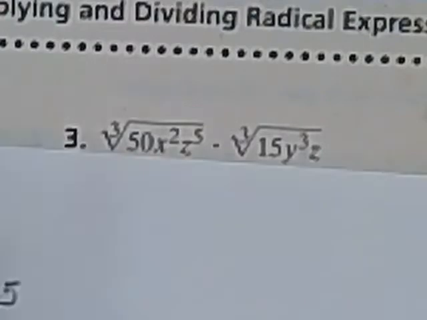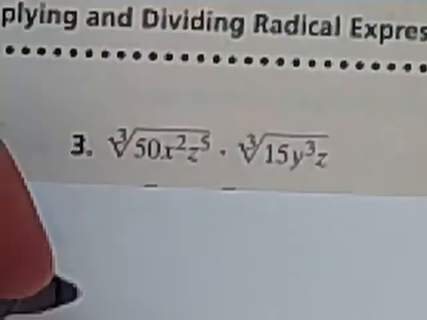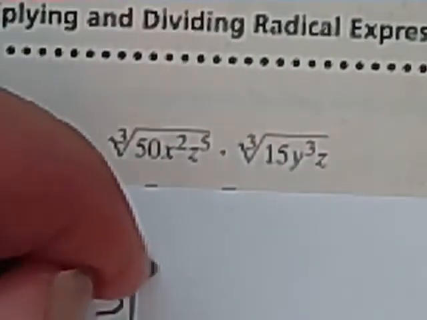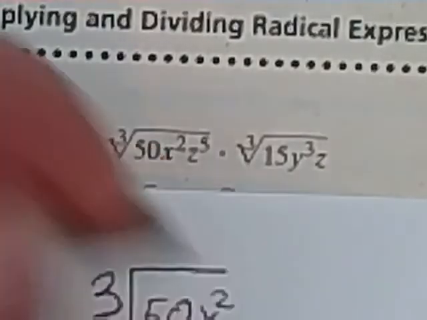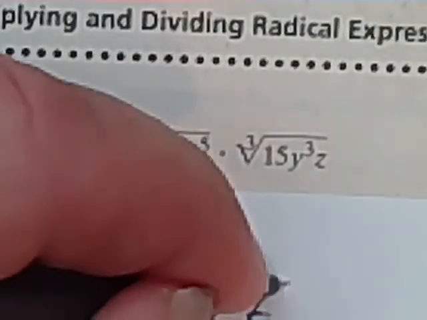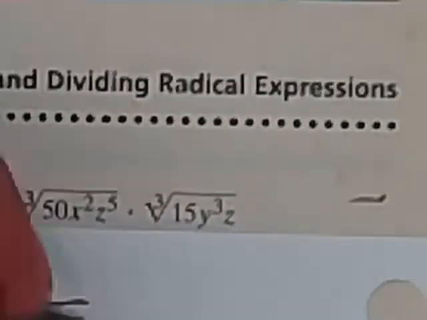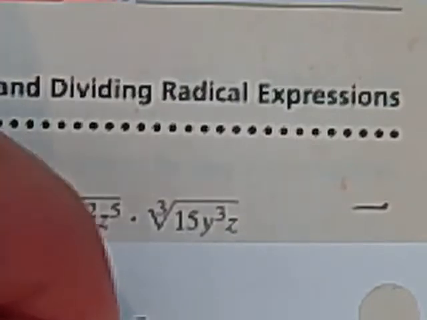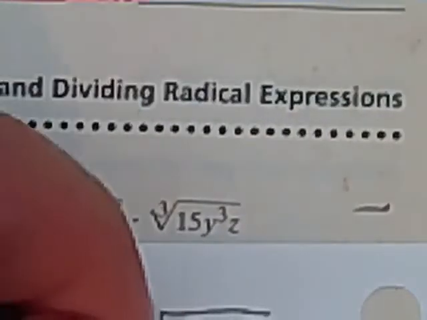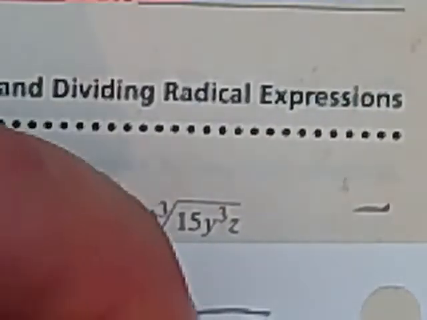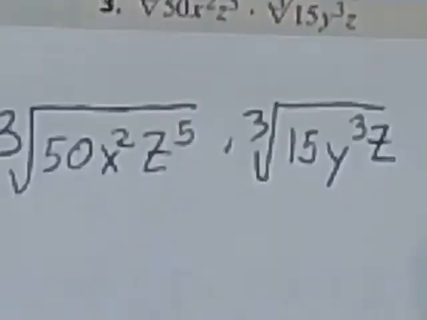All right, number 3. It says the cube root of 50 times x squared times z to the 5th power, all underneath the radical sign, times the cube root of 15 times y cubed times z.